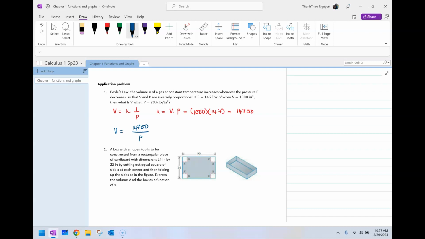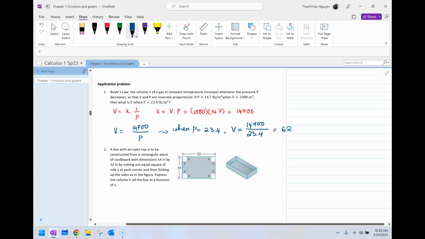What is V when P equals 23.4? Well, V equals 14,700 divided by 23.4, and that is 628.2 inches cubed.